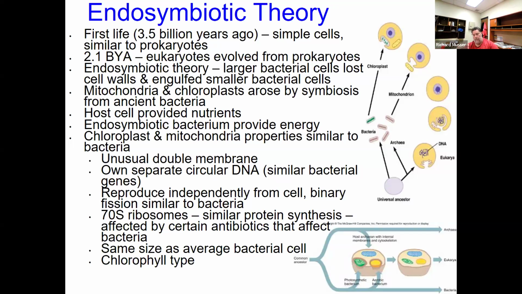And that's where cellular respiration takes place. This is why you breathe out carbon dioxide, because you break down sugar and make ATP. So again, the idea of endosymbiotic theory was that a big cell engulfed a smaller cell and formed a symbiotic relationship.